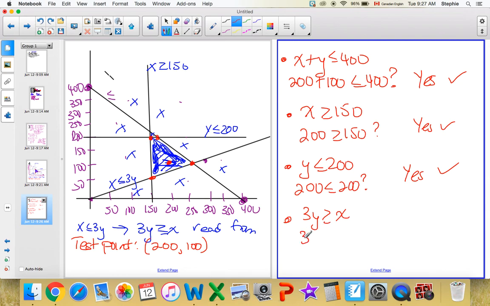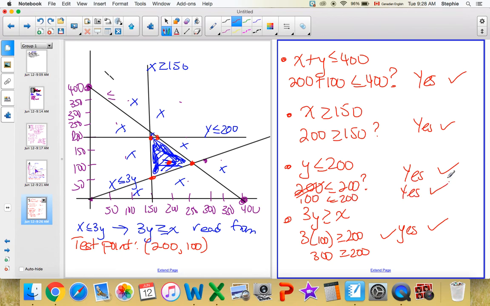So we're going to plug in 3 times 100 is bigger than or equal to 200. So is 300 bigger than or equal to 200? Yes, it is. I kind of hesitated because I realized I made a mistake here. I should have plugged in the 100. It was 100 is less than or equal to 200, and the answer is still yes.